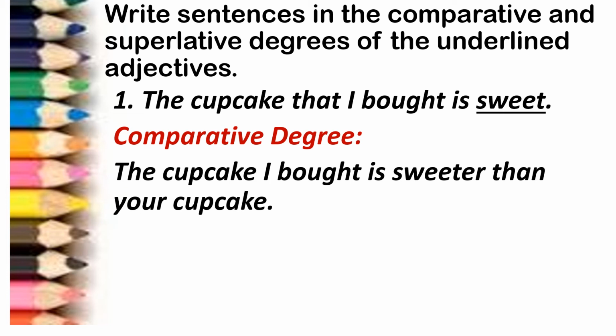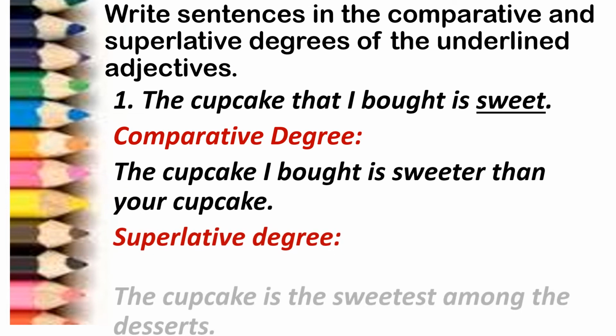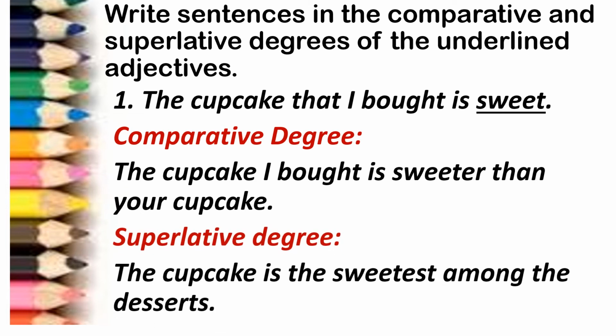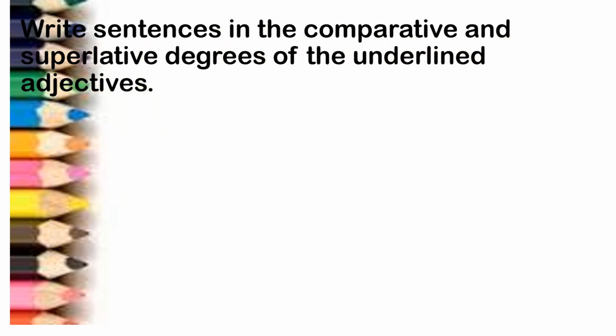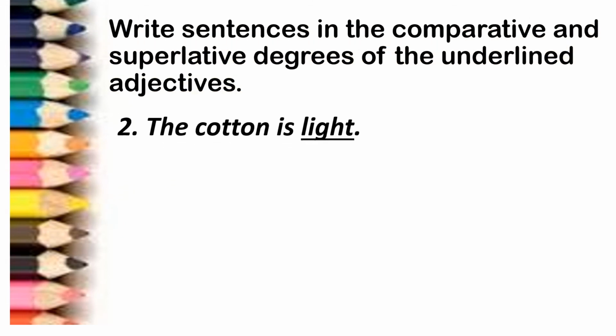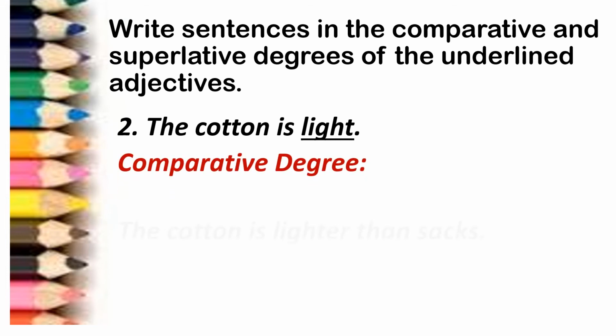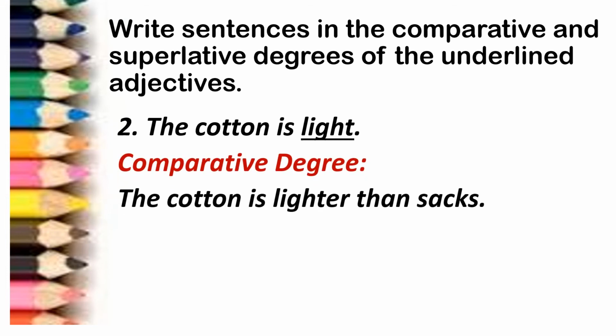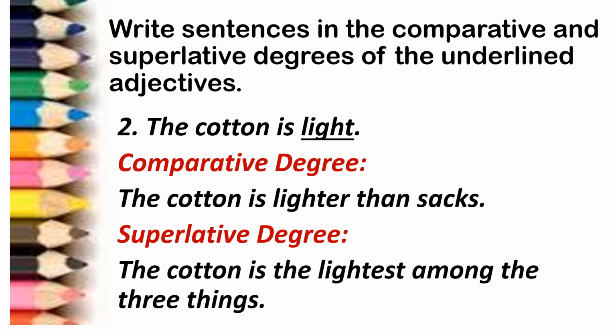For superlative degree, the cupcake is the sweetest among the desserts. Number 2, the cotton is light. For comparative degree, the cotton is lighter than sacks. For superlative degree, the cotton is the lightest among the 3 things.